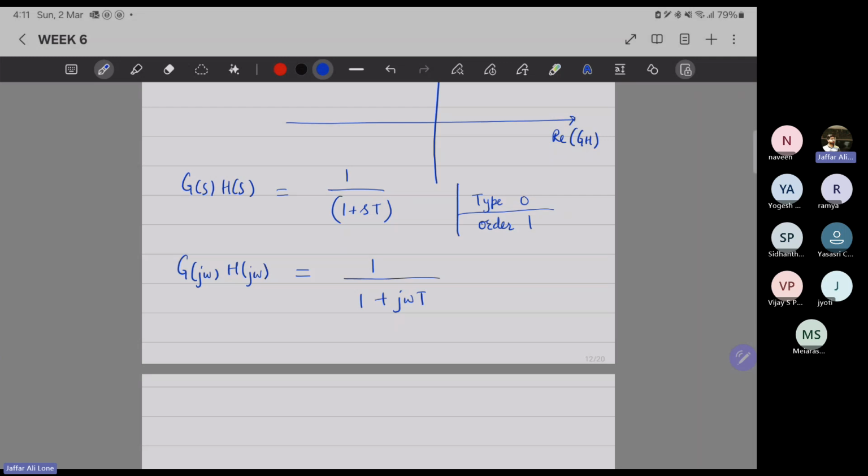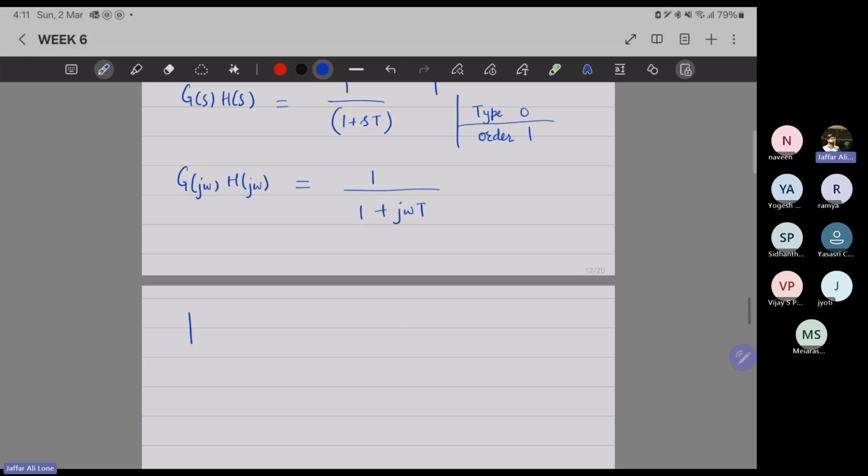So the magnitude of G(jω) will be 1 over the square root of 1 plus ω squared T squared. And what should be the angle of G(jω)H(jω)?